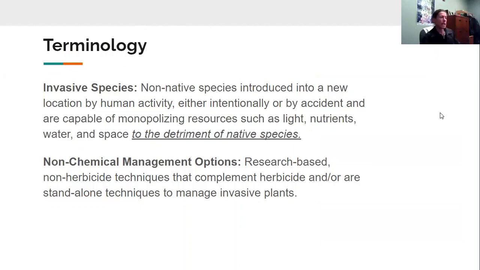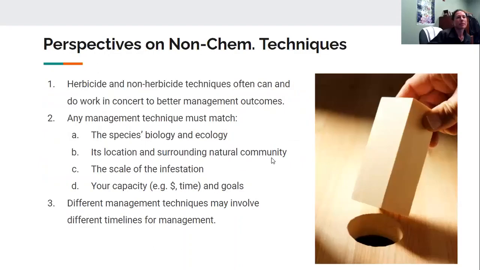They're research-based non-herbicide techniques that complement herbicide or are standalone techniques to manage invasive plants. With that terminology in place, we also want to set some grounding perspectives that we're operating from and that we really recommend others operate with as they approach invasive plant management.